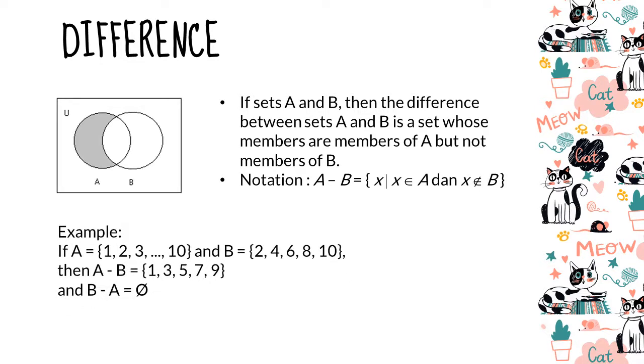For example, if A is {1, 2, 3 until 10} and B equals {2, 4, 6, 8, 10}, then A minus B equals {1, 3, 5, 7, 9}, and B minus A equals the null set.